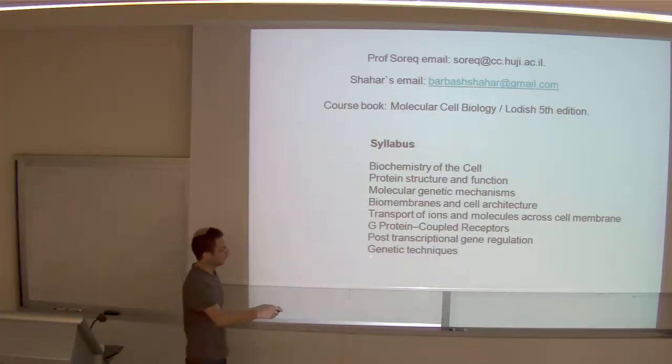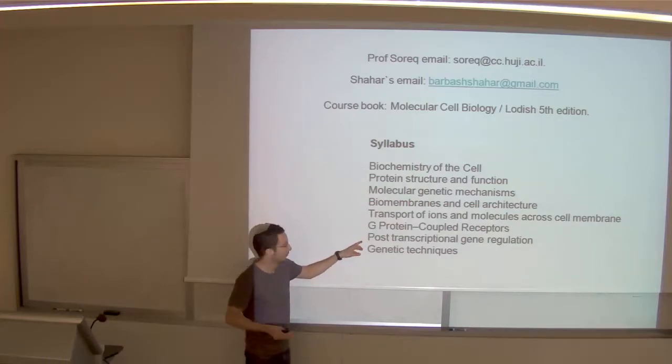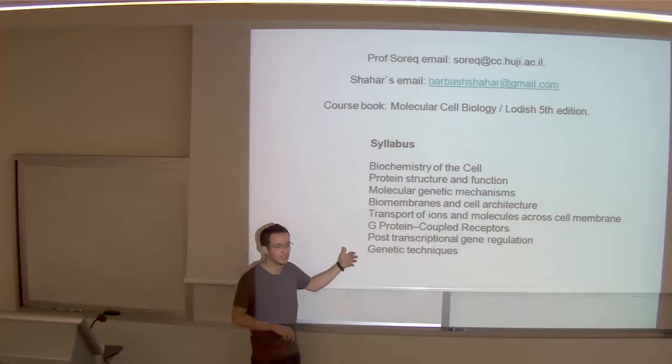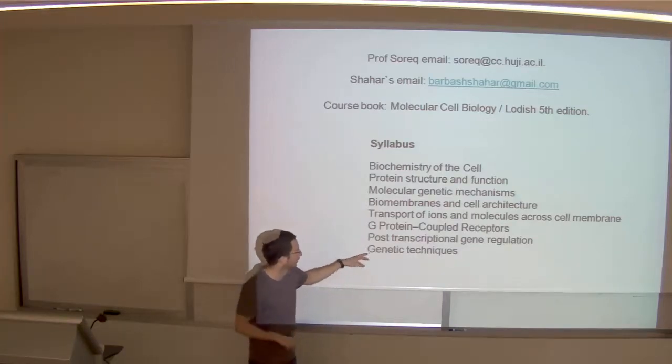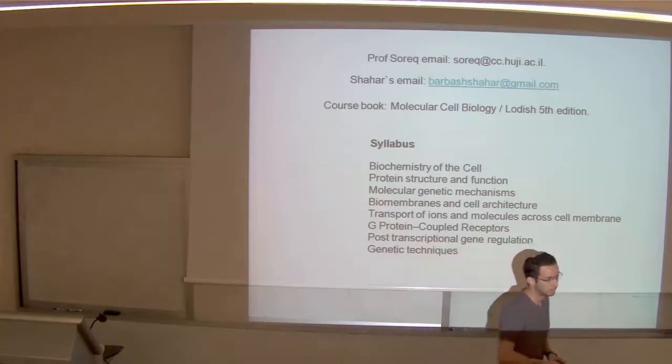We then go back to more basic molecular topics, such as modifications that genes undergo post-transcription, and in the last chapter we will name a few genetic techniques that serve us in the labs.